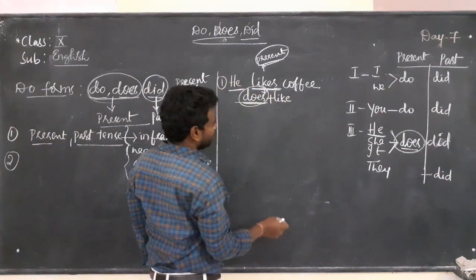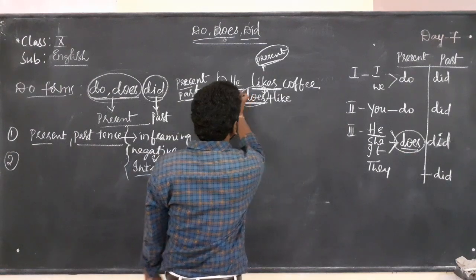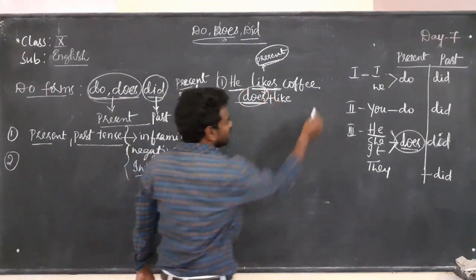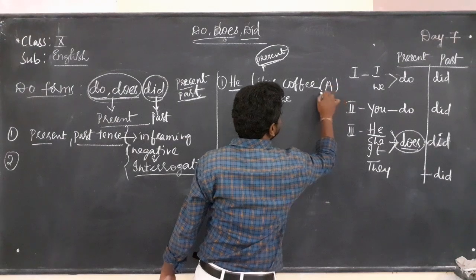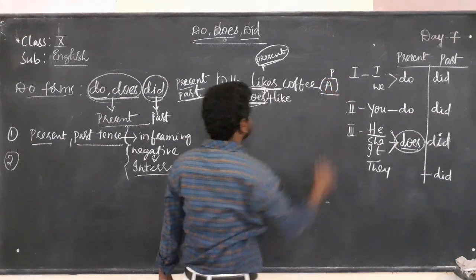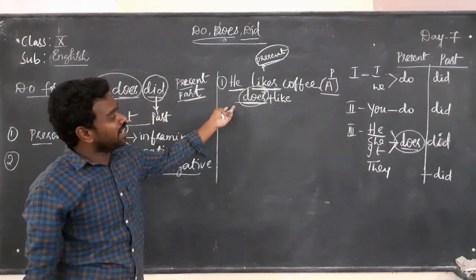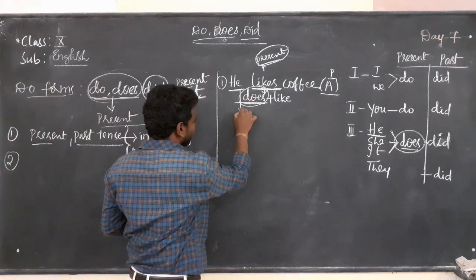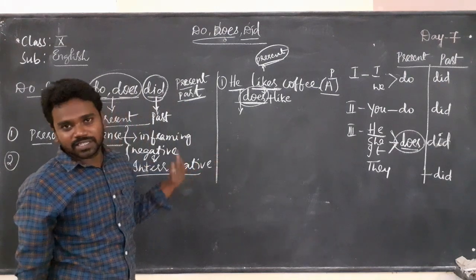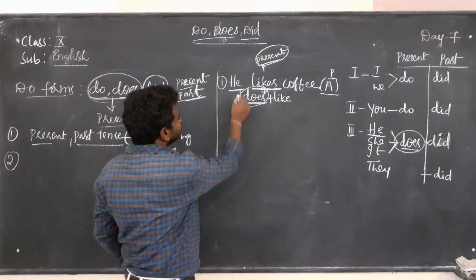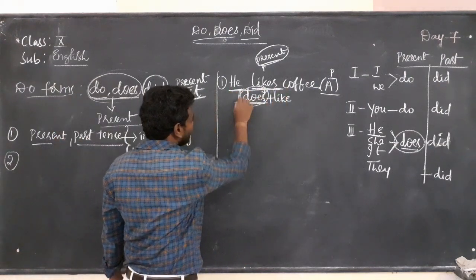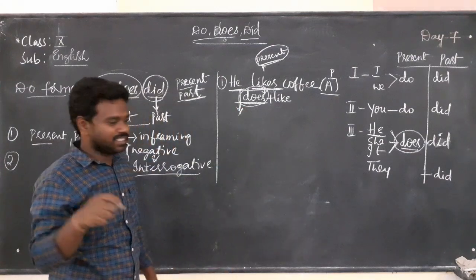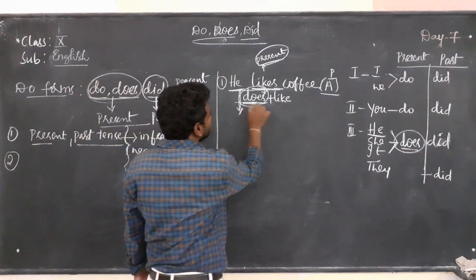He likes coffee. What kind of sentence is it? It is an affirmative sentence. Affirmative sentence is nothing but positive. When I want to change this into a negative sentence, how do I change it? Does plus like.